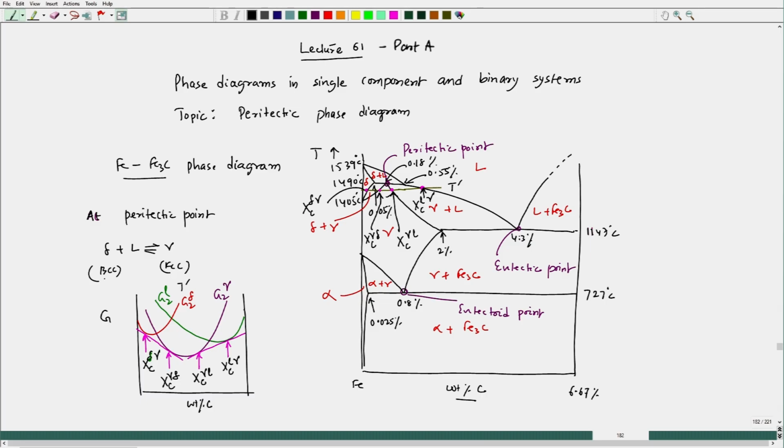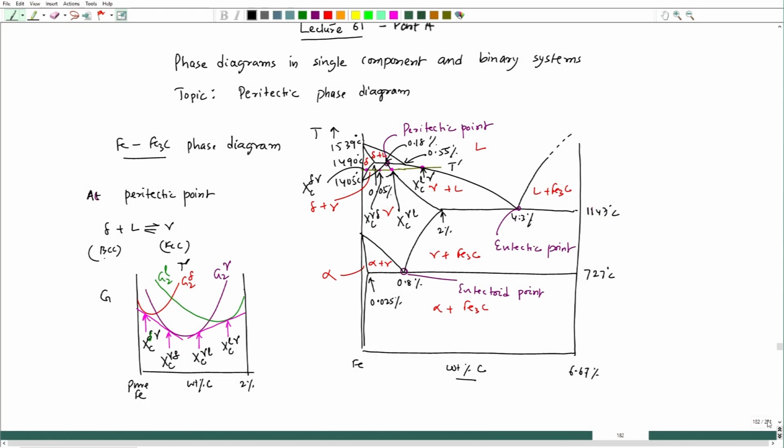In case of the iron carbon diagram, this is the pure iron side, and of course, this is some arbitrary composition we can take, let us say 2%, and all those free energy lines can be contained within that, and equilibrium conditions are marked like this.